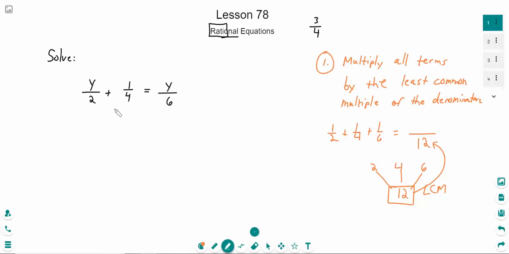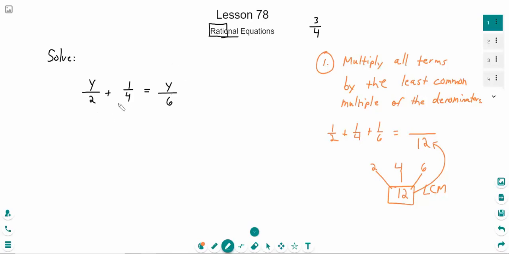And to do that, the first step is to find the common multiple, the lowest or the least common multiple of these denominators. And then we're going to multiply all terms by that least common multiple. Since I can multiply both sides of the equation by any number that I choose, that is totally permissible. All right.